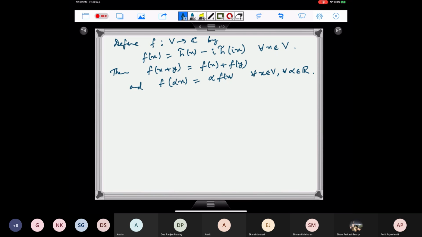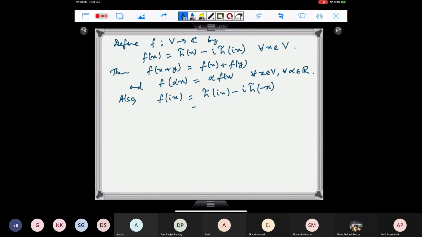But what about f of iota x? Let's look at f of iota x. This is equal to h tilde of iota x minus iota times h tilde of, if I put iota x instead of x, then I'll get h tilde of minus x.